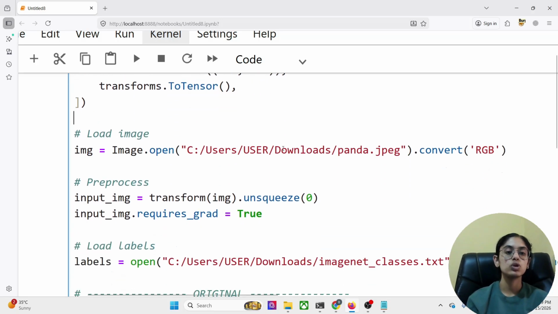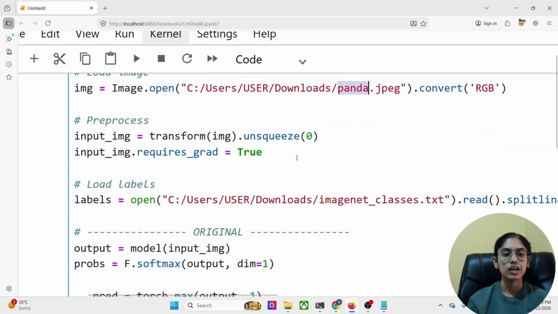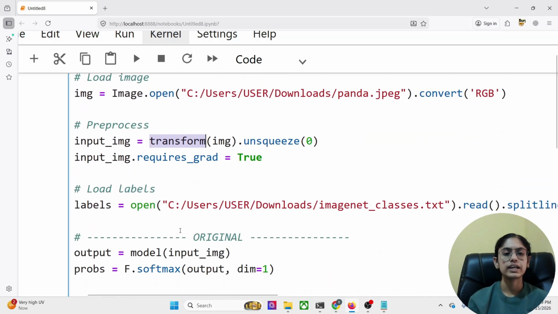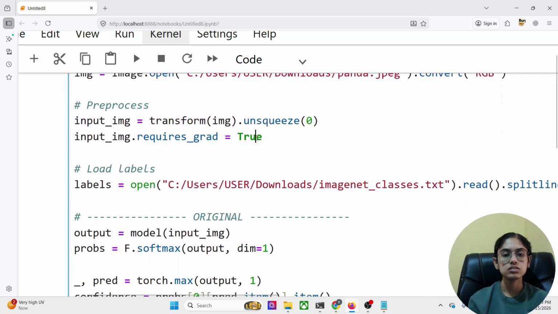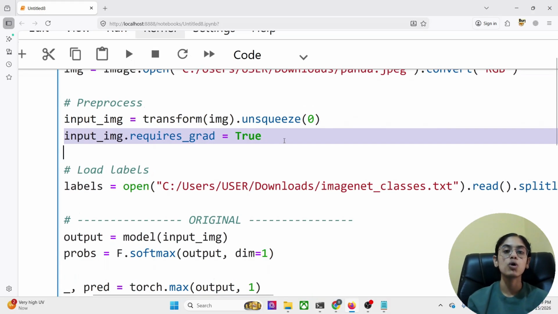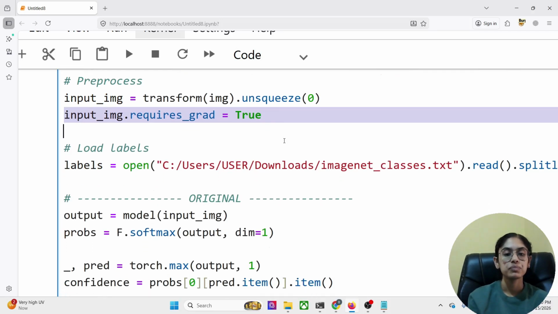Next I am loading the original image, a panda. Next here I am calling the transform function, and this is the important line. Most models, while doing prediction, only rely on the weights. But here I am forcing the model to consider the gradients also to predict the image.